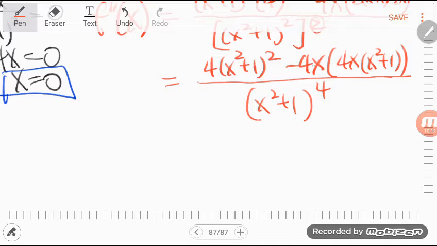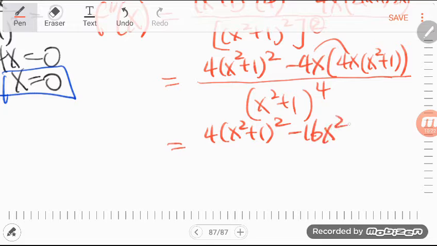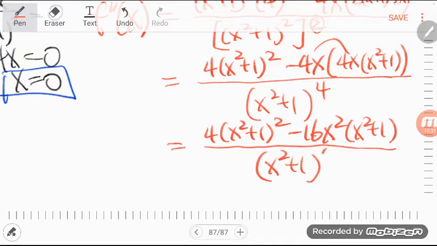So here we can distribute that. I'll get 16x squared minus 16x squared multiplied by x squared plus 1, over x squared plus 1 to the power of 4.